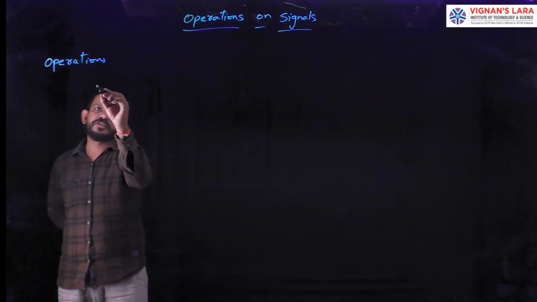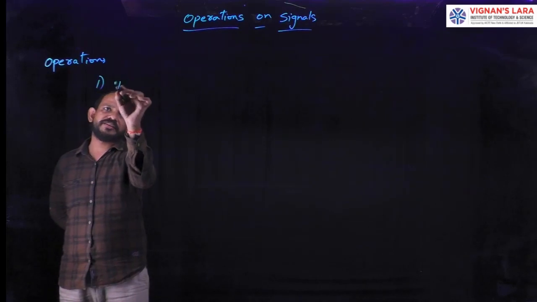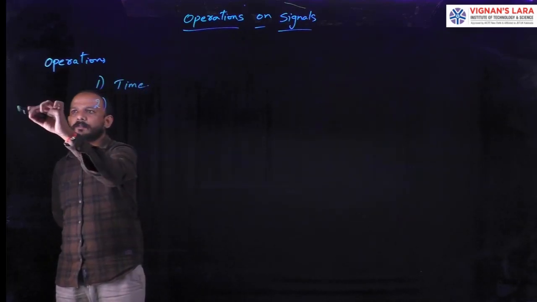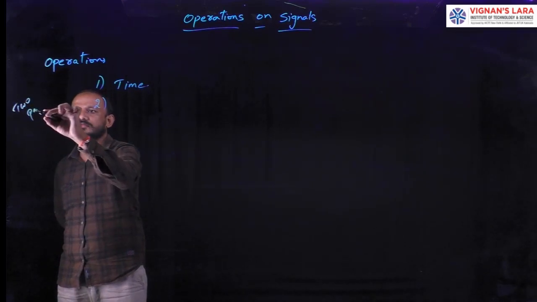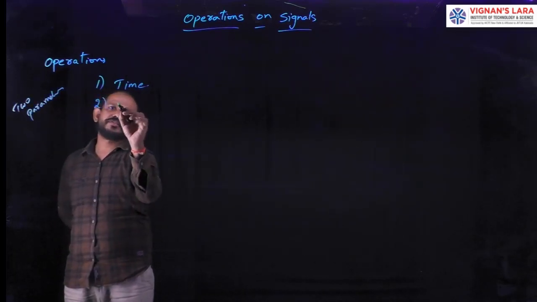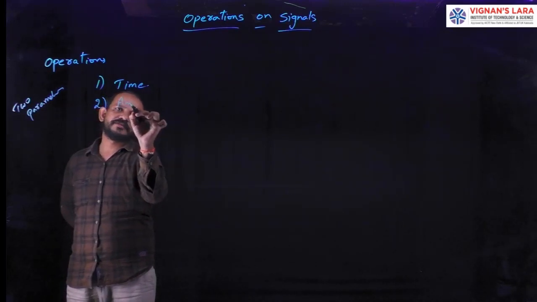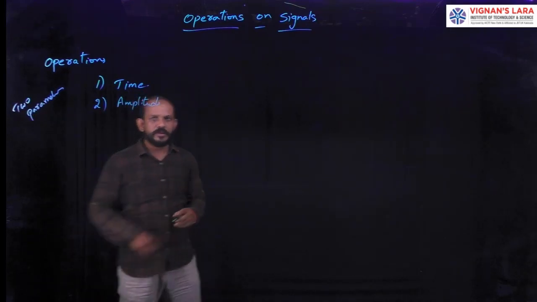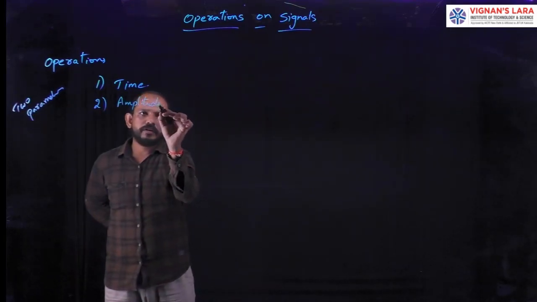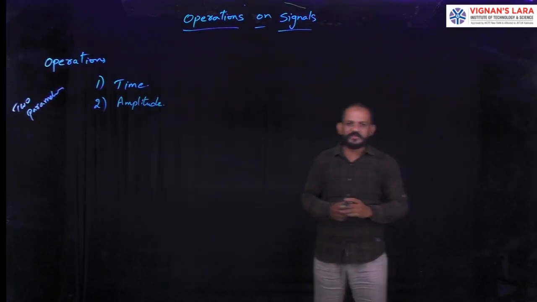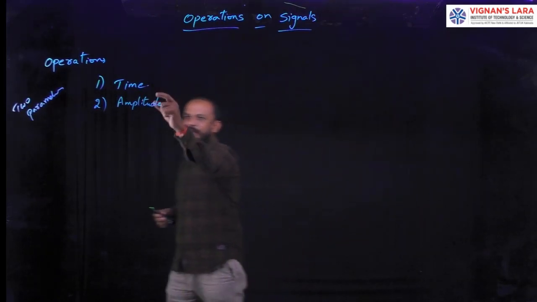Those two parameters are, first one is time and second one is amplitude. So here the operations on the signals are generally based on two parameters, that is time and amplitude.